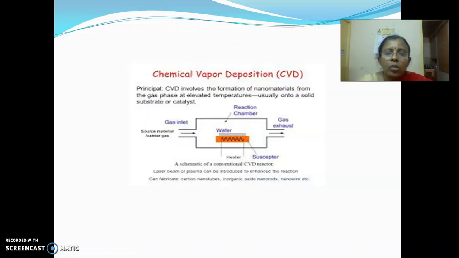This is a picture where you can see how chemical vapor deposition takes place. You can look at the gas inlet, where we can allow some of the gaseous molecules inside, and the gas exhaust. There you can see the substrate material, and how it is deposited on the substrate in the reaction chamber.